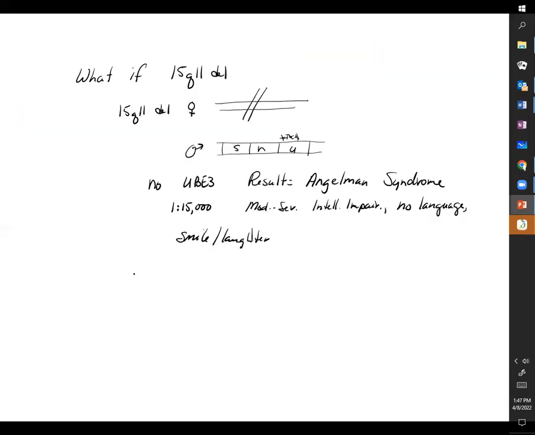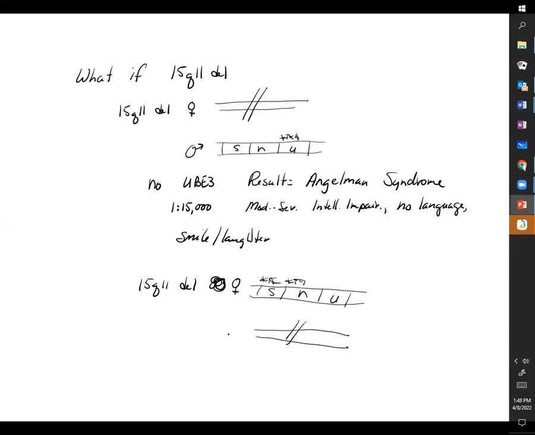But what if you had a deletion? What if you had a 15q11 deletion from the paternal lineage? Well, then we have the opposite situation where the maternal genes are the only ones that are there. And so if you remember what we have here, serpin and nectin are heavily methylated. Sorry, this was a mistake here.